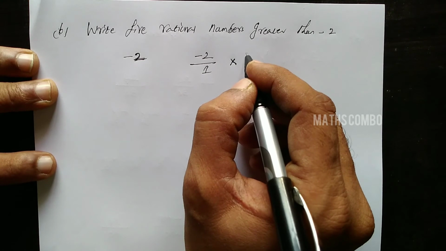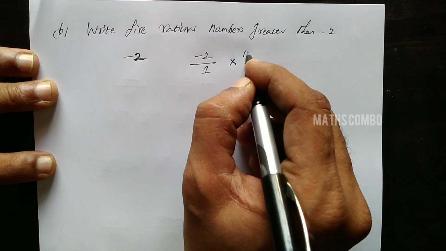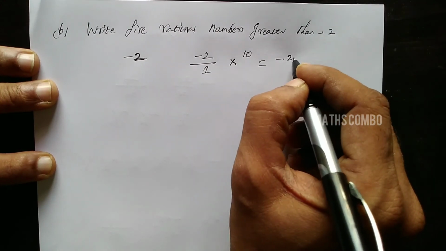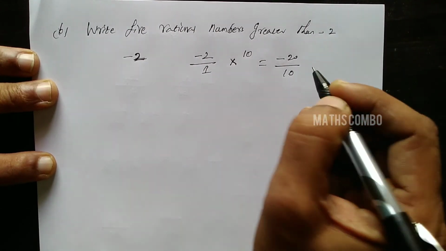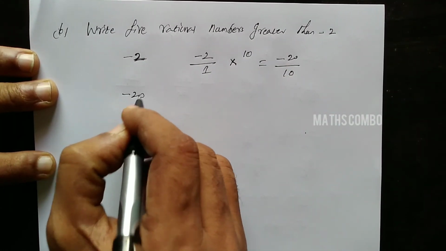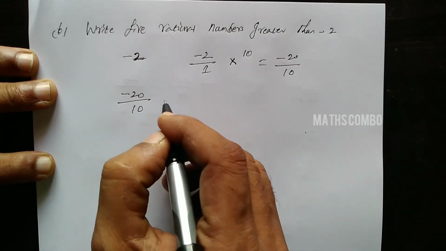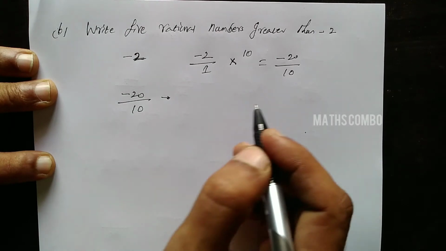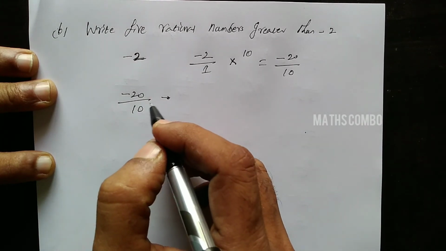So it will become minus 20 by 10. All the numbers which come on the right side of this number on the number line are greater than this number.